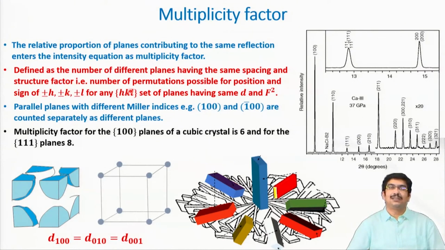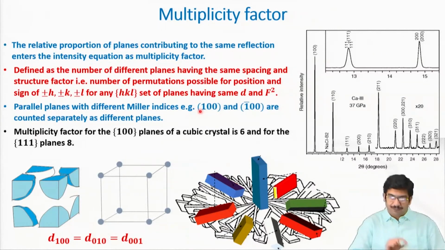When there is a straight bracket instead of a curly bracket, that means a specific plane. So, it is the multiplicity of any type or class of plane, how many permutations and combinations you can make, that also affects the intensity of the diffracted beam.